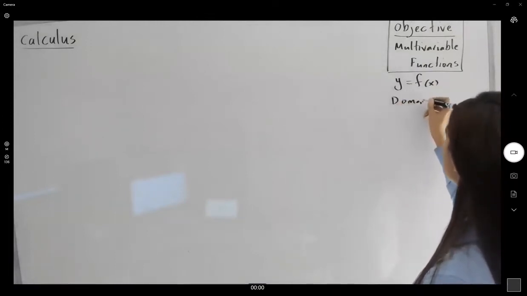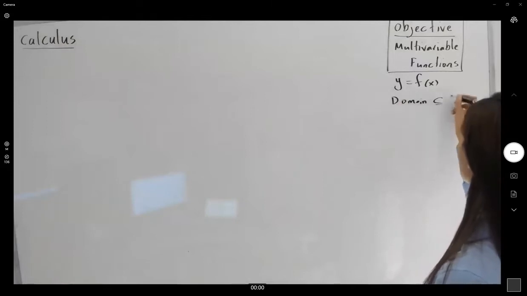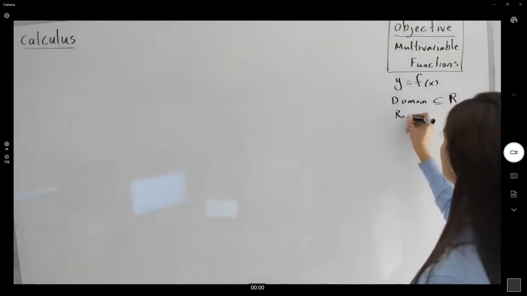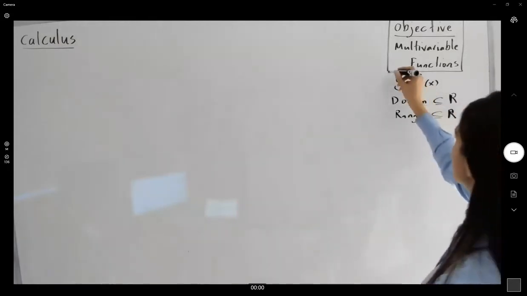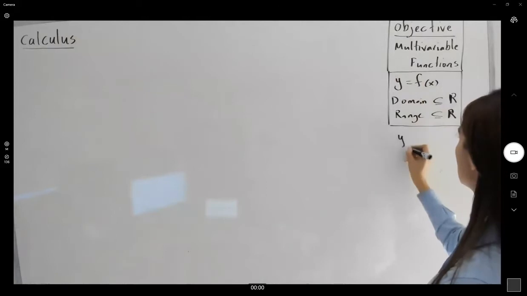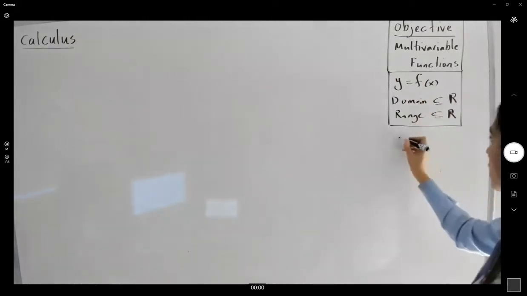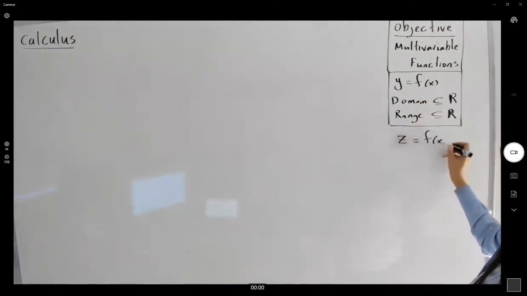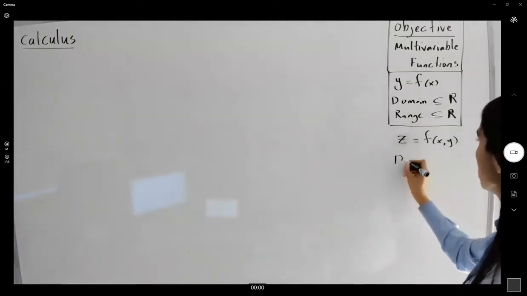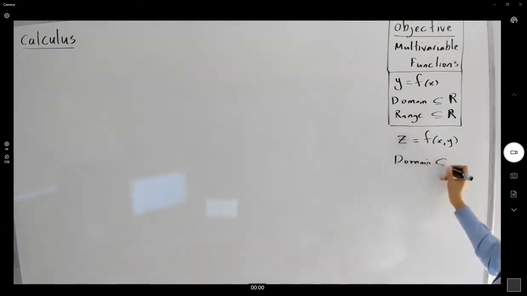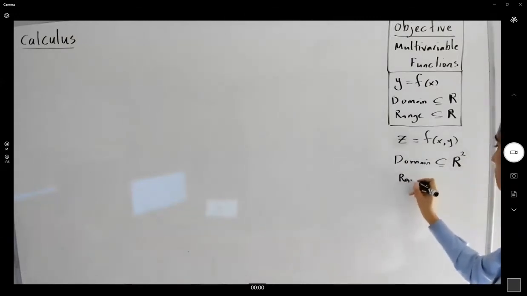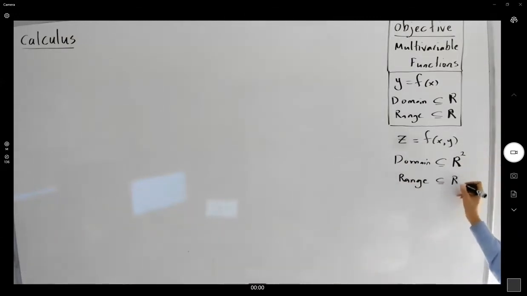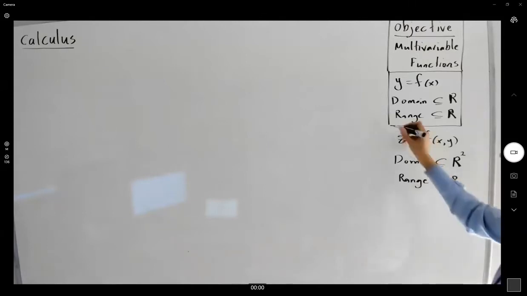The domain is a subset of R. The range is also a subset of R. But when it comes to a function z equals f of x and y, we learned that the domain is a subset of the plane. The plane is denoted by R squared, and the range is going to be a subset of the real line R.